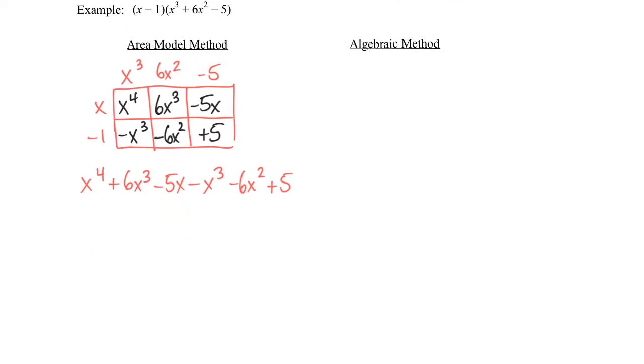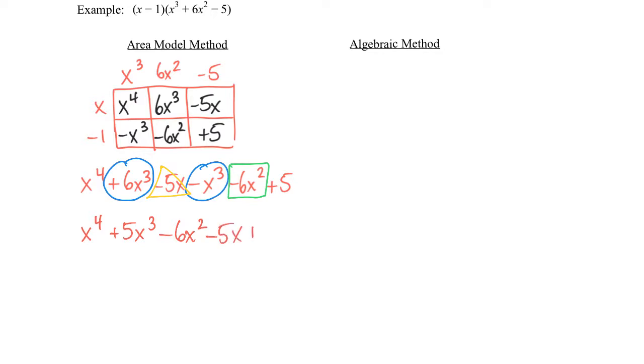So x to the fourth doesn't have any like terms with it, so it just stays x to the fourth. The next biggest exponent I see is these ones that are to the third power. So that's 6 minus 1, so that's going to be 5x to the third. Then I've got one that's to the squared. That comes next. Then I've got minus 5x, and then on the end I've got plus 5. And there is my final answer.